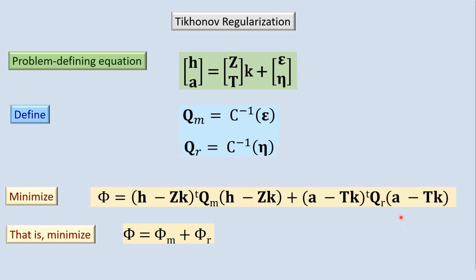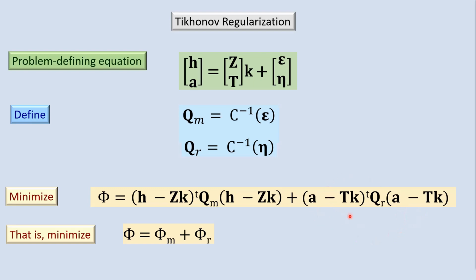And there is the sum of squared weighted residuals between regularization relationships and the observed values of those relationships, that is, the values encapsulated in this A vector.